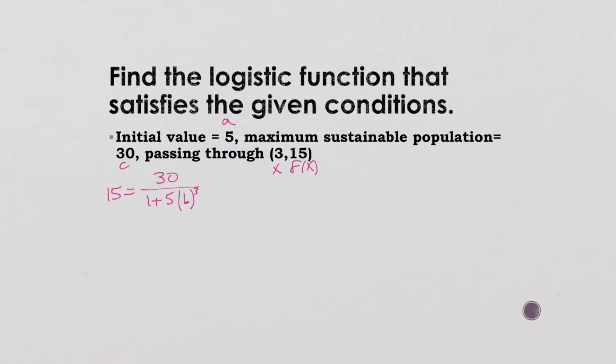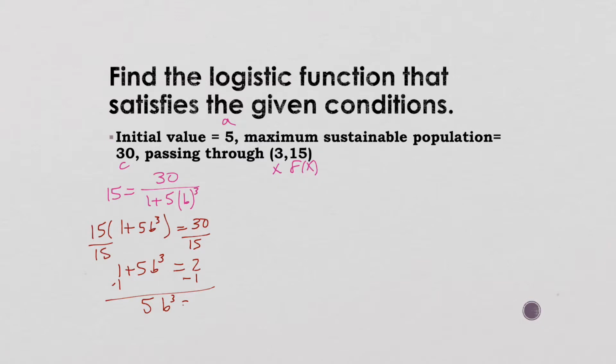This time I'm going to have some work to do at the end. The first couple of steps are still the same. Multiply both sides, so I end up with 15 times (1 plus 5B cubed) equals 30. Divide by 15. 1 plus 5B cubed is 2. Take away 1. I end up with B cubed equals 1/5.